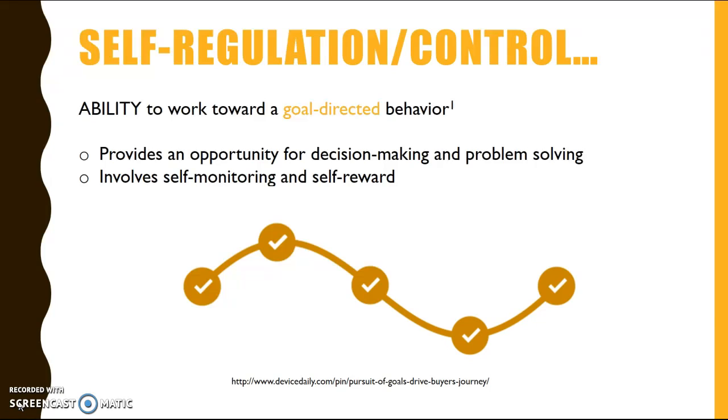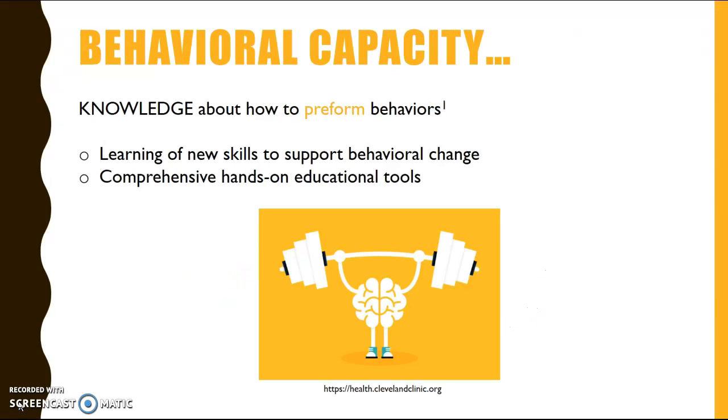And much like this little infographic below with the check marks and the line, it's not always linear. Sometimes goals ebb and flow. You succeed, you don't succeed. But what's most important for the client is to understand that what's most important for them is checking off each of those steps along the way, even if it's not a linear progression and there are ebbs and flows.